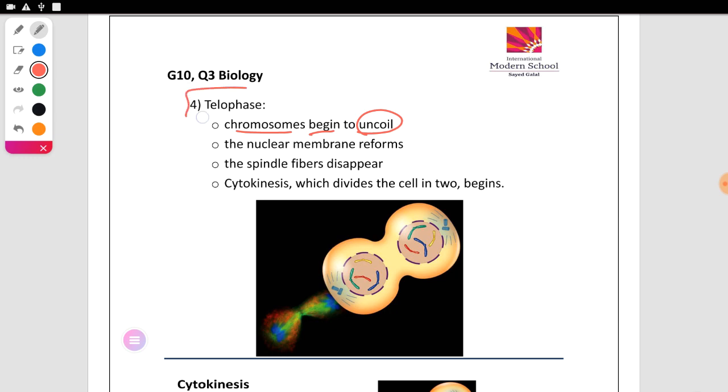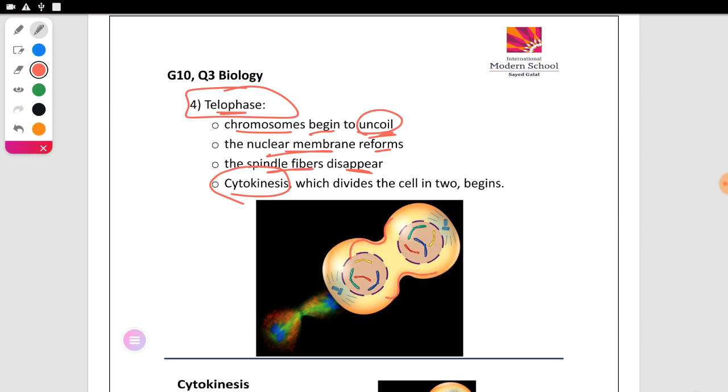Again, the telophase is the last phase in the cell division. Here, the chromosomes begin to uncoil, the nuclear membrane reforms, the spindle fibers disappear, and the phase that follows the telophase is called cytokinesis. Do you see this constriction?